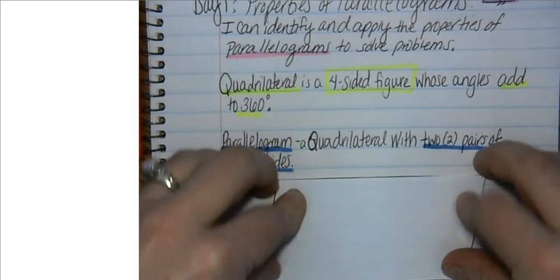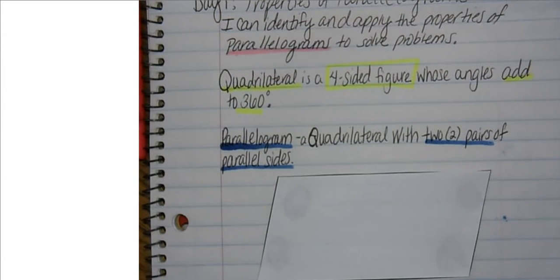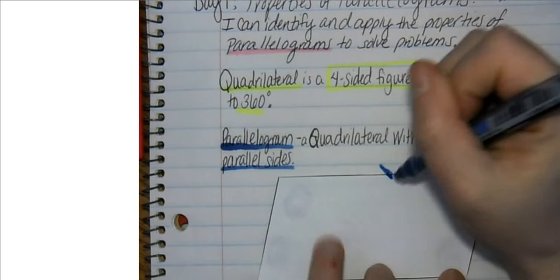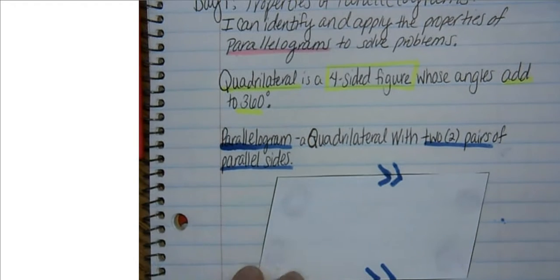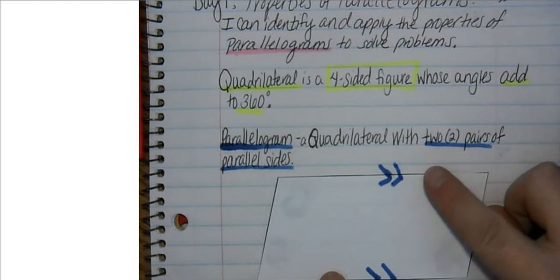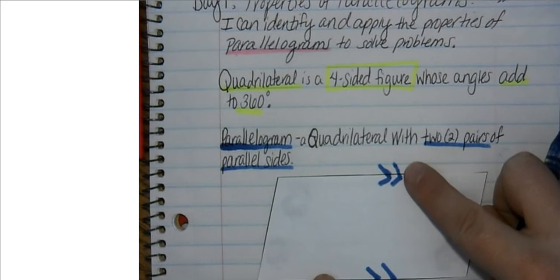Starting with the definition of parallelogram, because I know that a parallelogram is a quadrilateral with two pairs of parallel sides, I'm going to mark up those parallel sides by inserting arrows, so we know that parallel lines do not intersect each other. And these sides are called opposite sides because they are across from each other and do not touch.